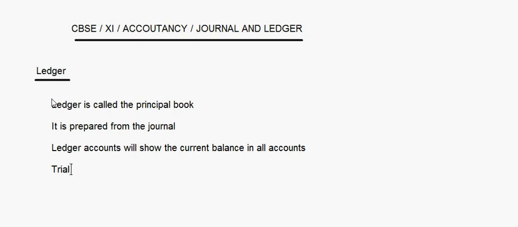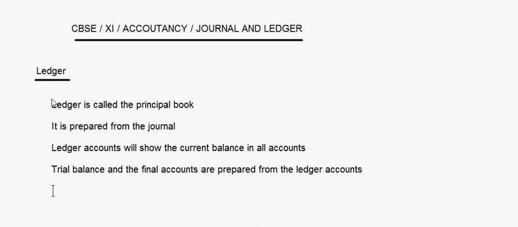So the trial balance and the final accounts, which are prepared at the end of the year, are prepared from the ledger accounts only, right? So basically the ledger accounts tell us about all the accounts, whatever transactions have taken place. All the transactions are put in a summarized form in a ledger.